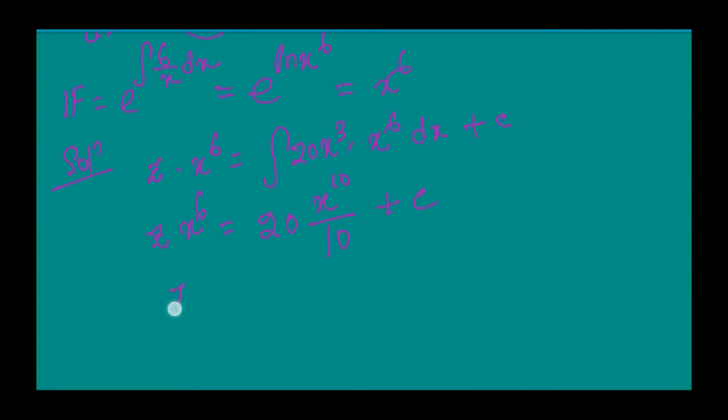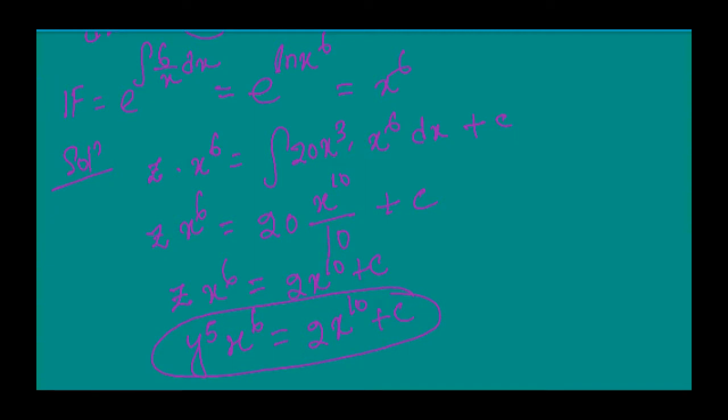This is z x to the power 6 is equal to 2 x to the power 10 plus c. This will be y to the power 5 x to the power 6 is equal to 2x to the power 10 plus c, because z is equal to y to the power 5. This is the required solution.